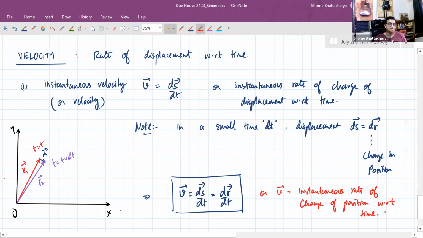The symbol d by dt over here does mean differentiation with respect to time. How do we calculate the instantaneous rate of change? If we know s or r as a function of time, we have to use the differentiation operation the way we've learned it before. With examples, I'll explain how that is done with vector quantities. But this is the definition as far as instantaneous velocity is concerned.